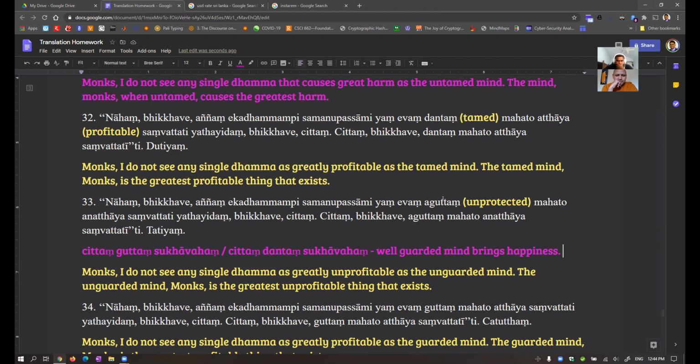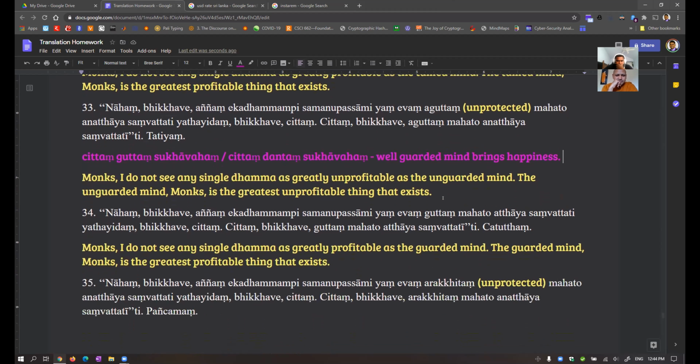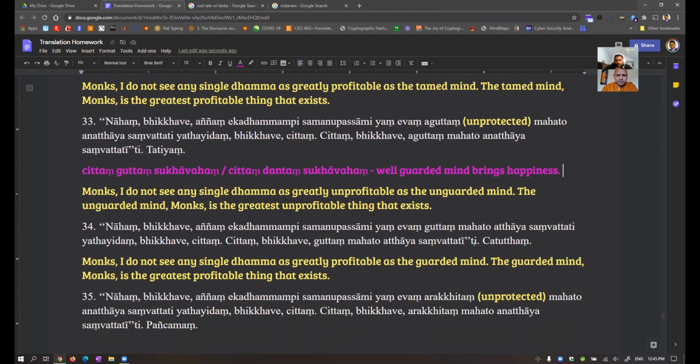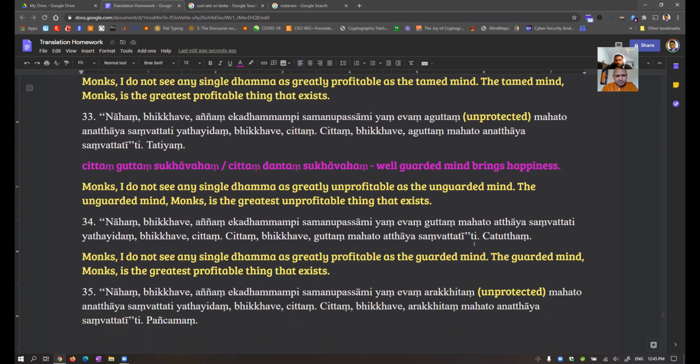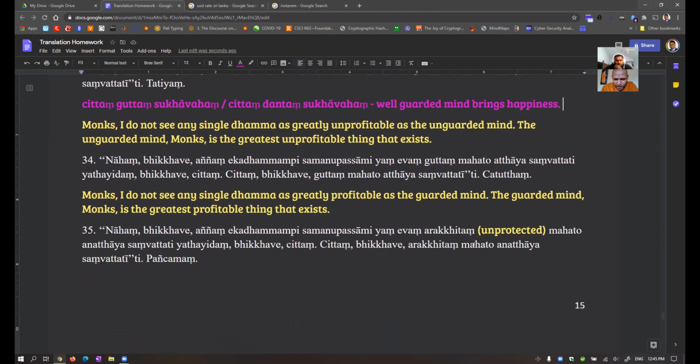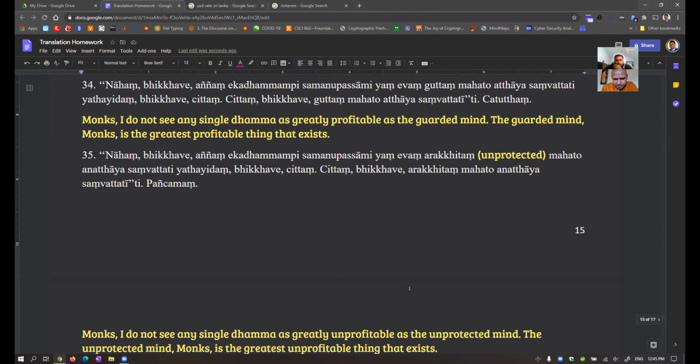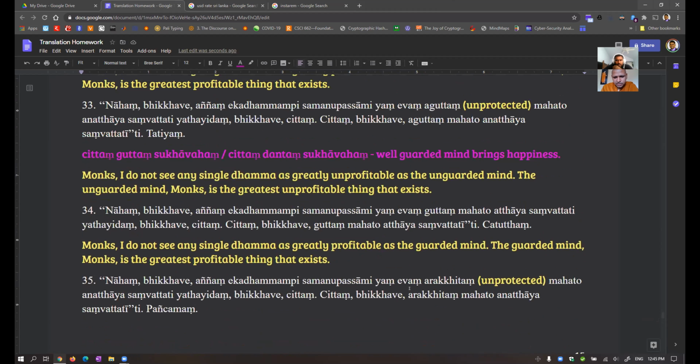So gutam, protected, then arakitam. Sorry, what did I say? Arakitang. I see it at the end of the screen. Why did I write also protected? It should be something else, isn't it? Did I fall asleep? It's unprotected. But gutang is also protected, right? Arakita means not protected because a can be negation.